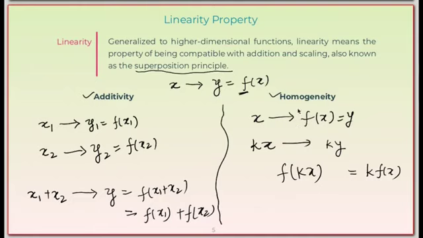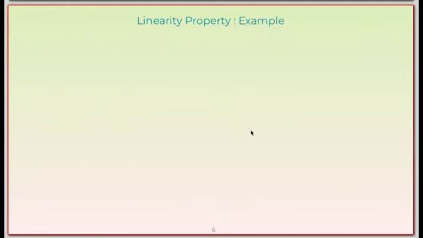This is what is derived from homogeneity. So these two properties have to be satisfied for an element or a system for that system to be linear.